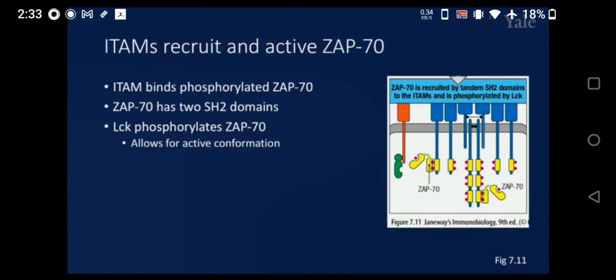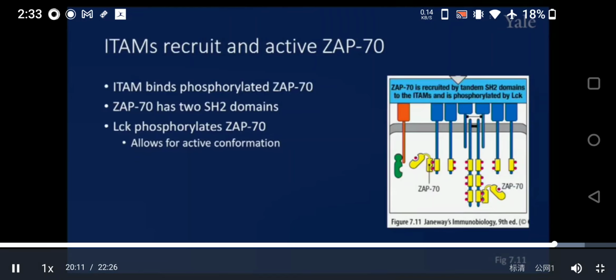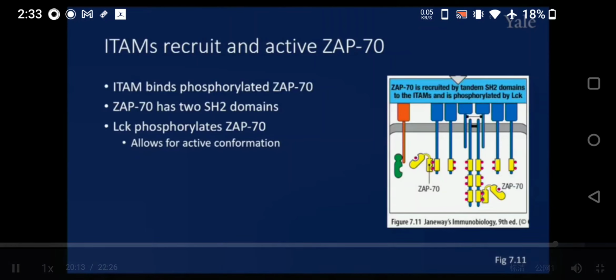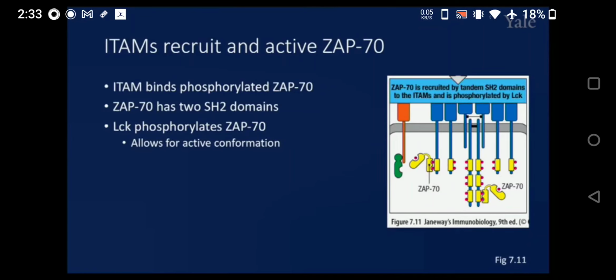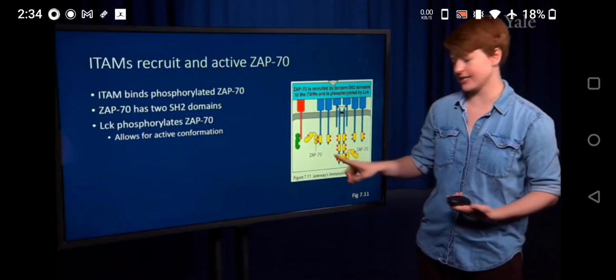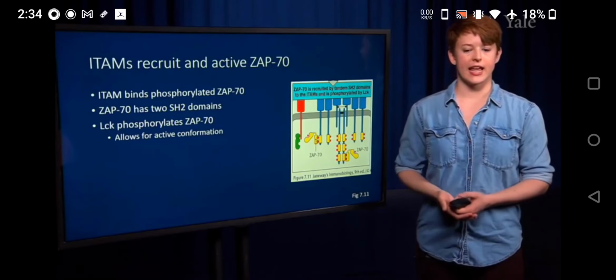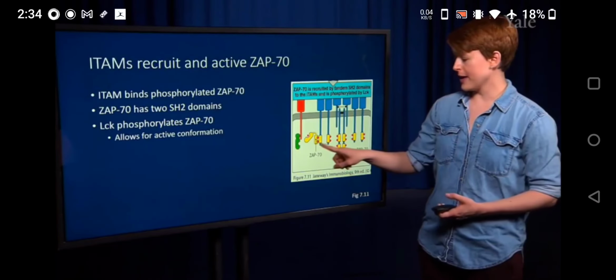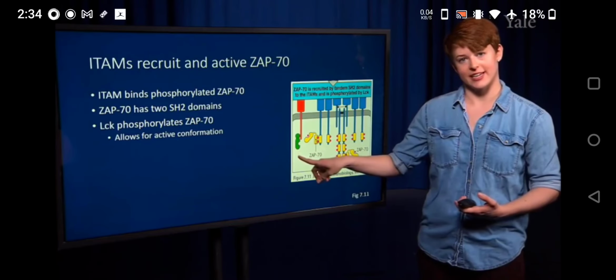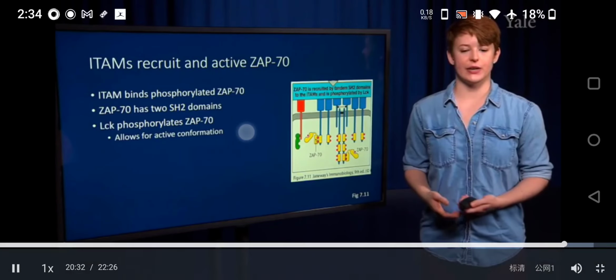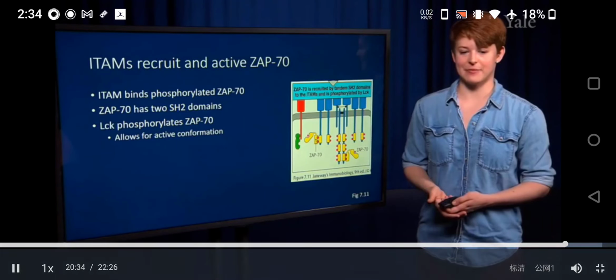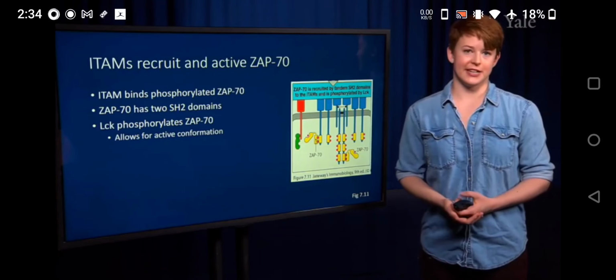ZAP70 here, shown in this yellow bent molecule, has multiple SH2 domains, and these here, shown bound to two pink phosphates, can bind to the ITAMs. And then when bound, Lck, shown here, is able to additionally phosphorylate ZAP70, which allows it to become active. And this is shown here.